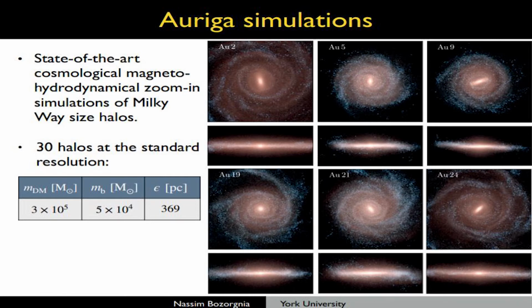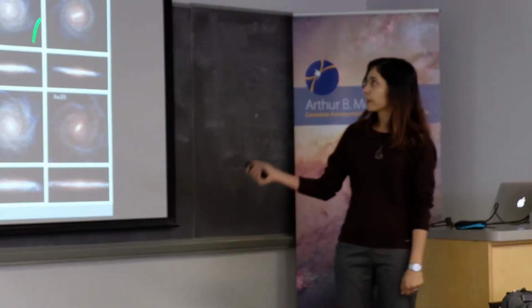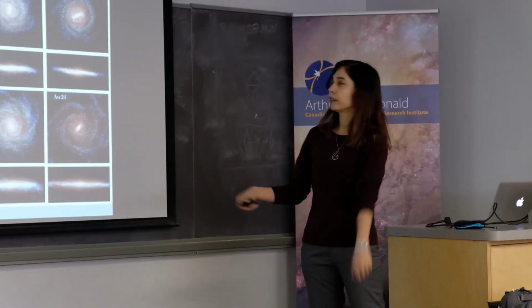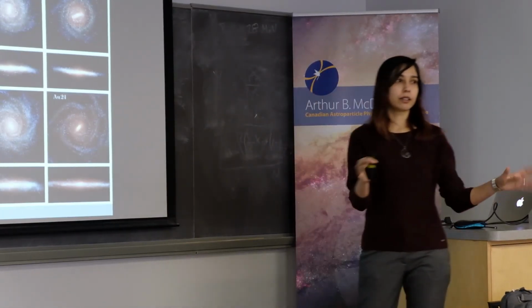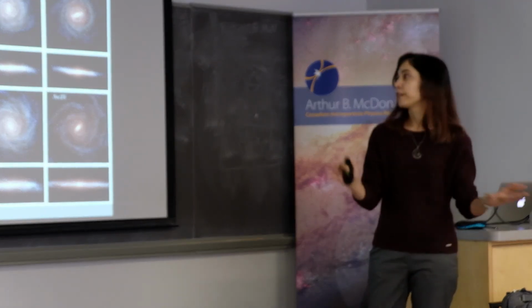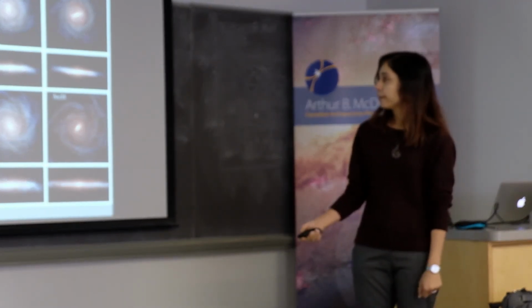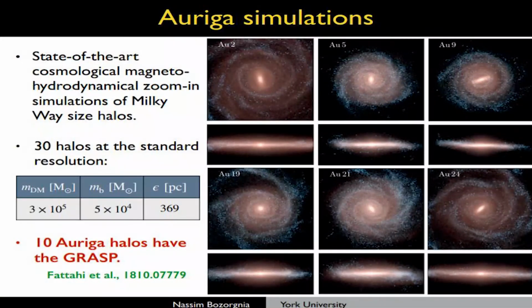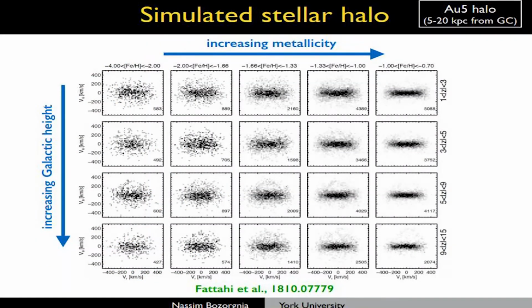And the nice thing is that the work which was done on these simulations, so these were already run, found that 10 of these 30 halos, which have the mass of the Milky Way, have this sausage structure due to some mergers. So this was after simulations were run, they did this analysis and found that 10 of these halos have this structure.